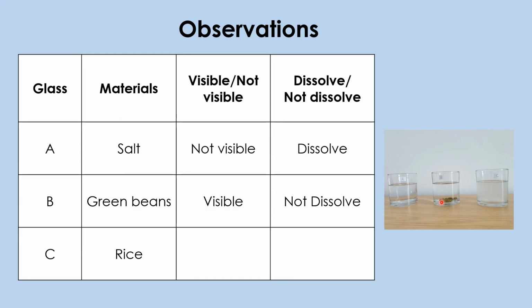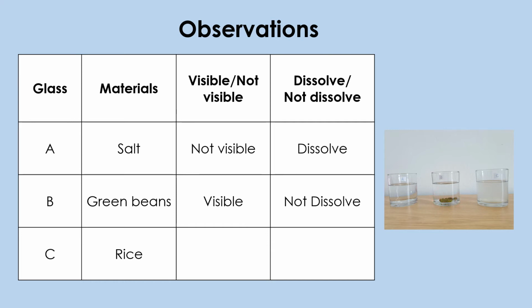If we can see the object, we say it is visible. Do the green beans dissolve in water? No, right? So we write here, not dissolve. The green bean is not dissolved in the water. We still can see the green bean inside the water.